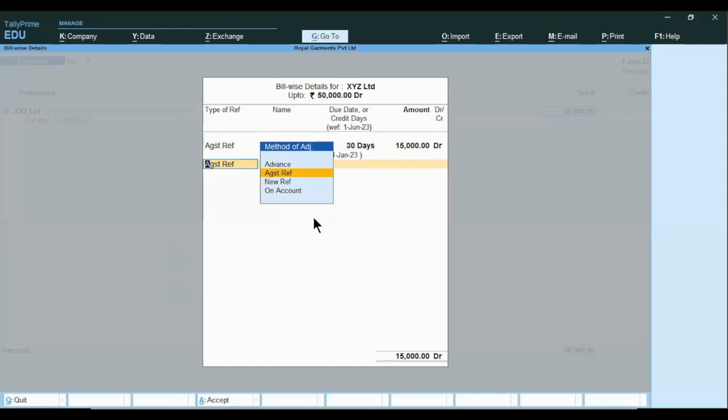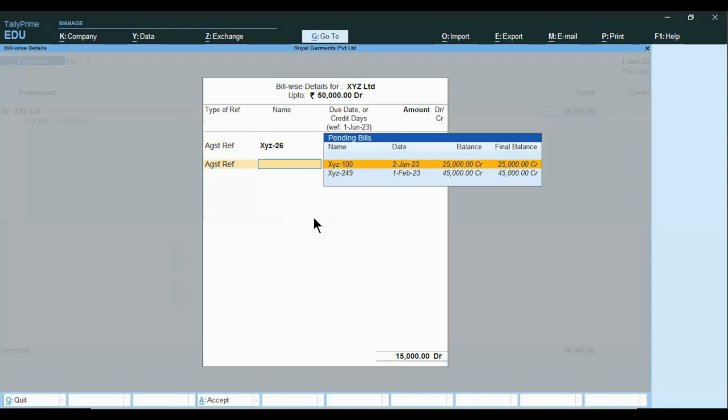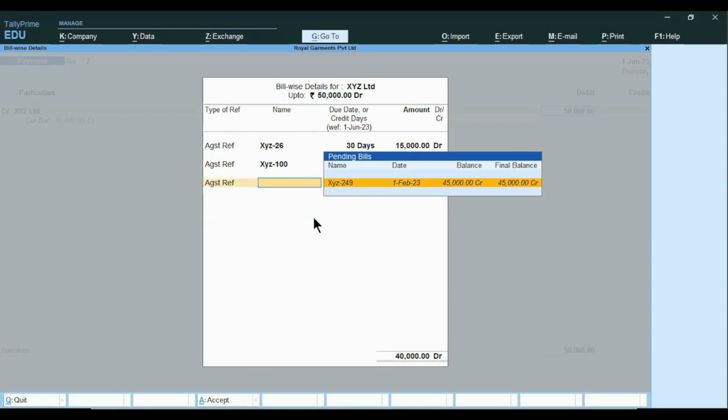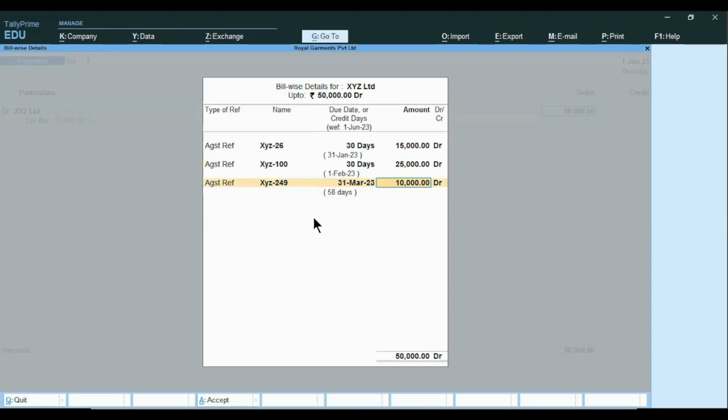Again it will ask for another bill. This is second bill, 2nd Jan, 25,000. Enter. Against next bill 10,000. So last bill was of 45,000, but we have paid only a part payment of 10,000 rupees. So total 50,000 we are paying, which is 15,000 against first bill, 25,000 against second bill, and a part payment of 10,000 against third bill.